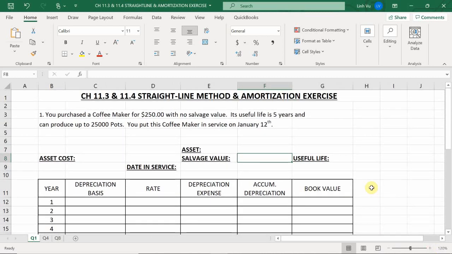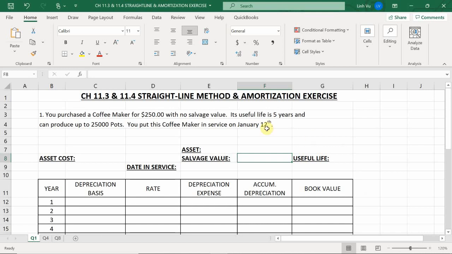For this exercise, we purchased a coffee maker for $250, with no salvage value. Its useful life is 5 years, and it can make up to 25,000 pots. And of course, you place this into service as of January 12th.